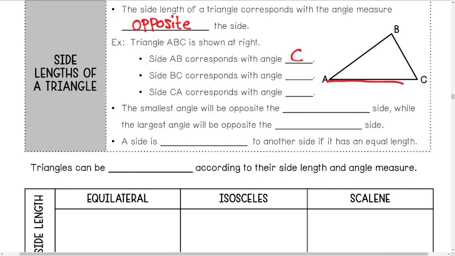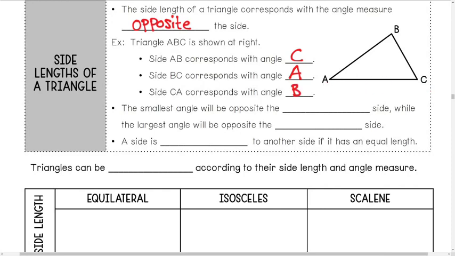If I look at this angle right here, I'm already touching those two sides, so the side that's left would have to be the opposite for angle A. So if I have the side BC, the side BC is right here, and the opposite angle is angle A. And the next one, CA, the opposite of that is angle B.